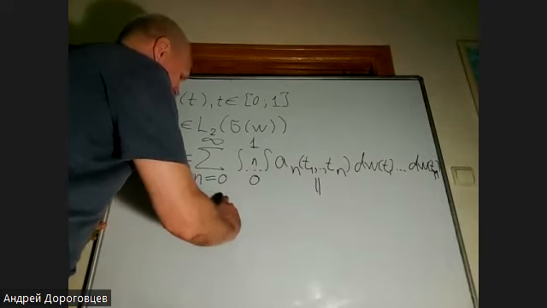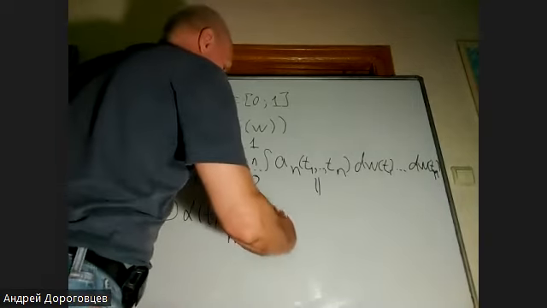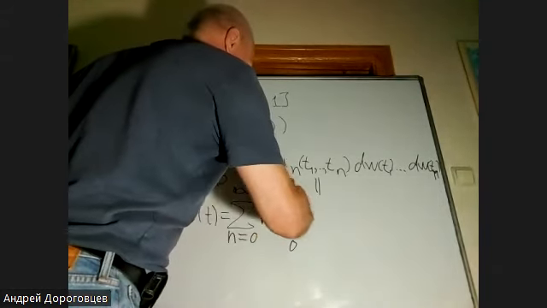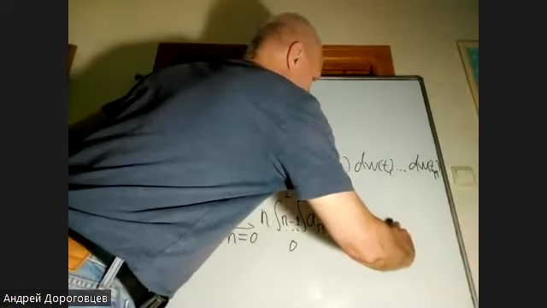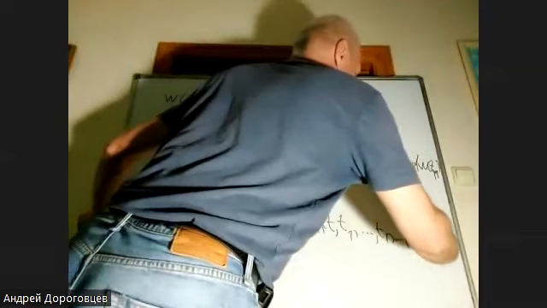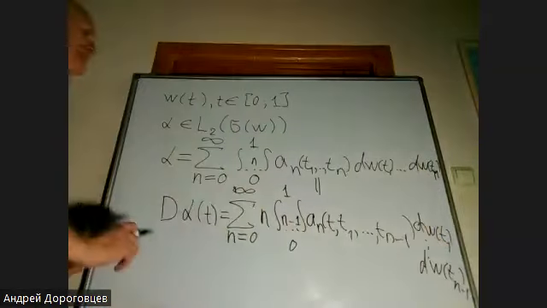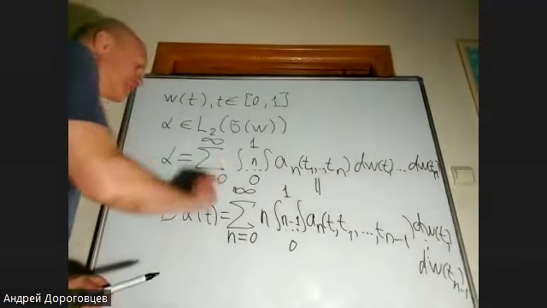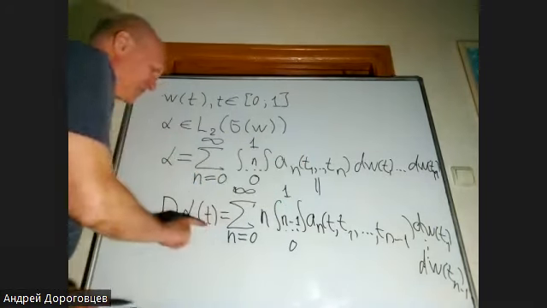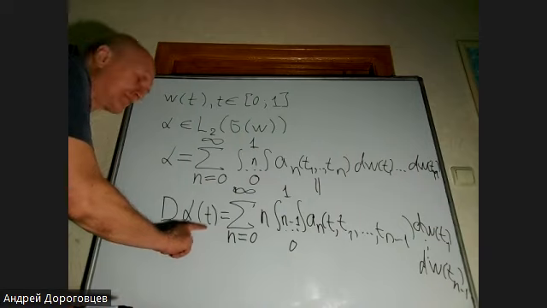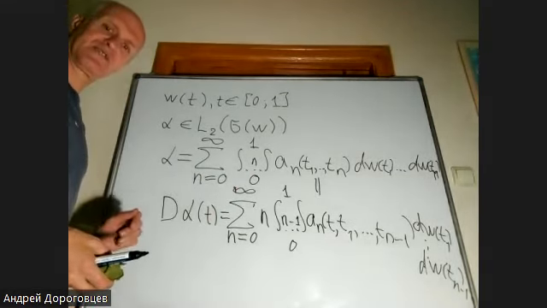D alpha t is equal to sum from n equal 0 to infinity of n times the integral of a_n(t, t1, ..., t_{n-1}) dW t1 ... dW t_{n-1}. So when we want to calculate stochastic derivative, we just shrink the multiplicity to n minus 1, put here a multiplier, and take one value as an argument of the stochastic derivative. Repeating this, we can get second stochastic derivative, third, and so on.